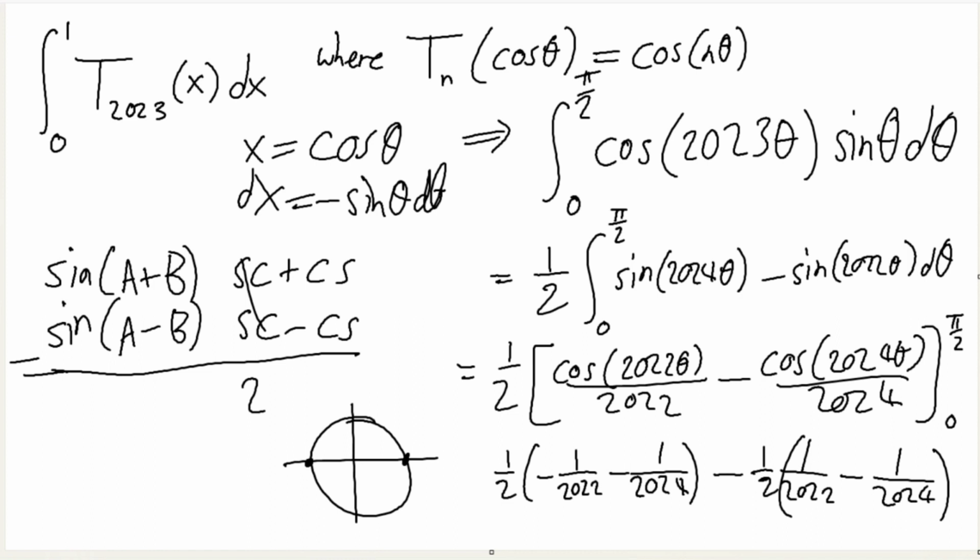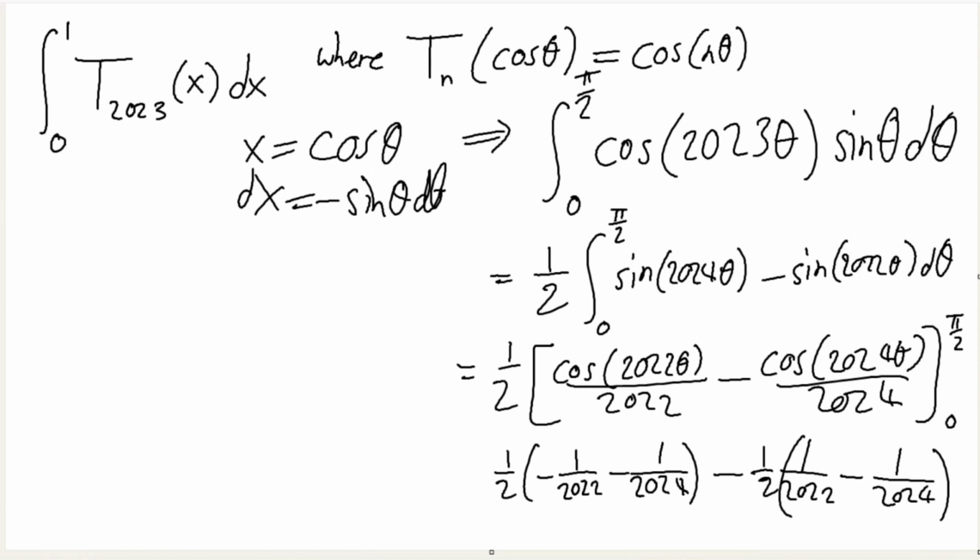Be very careful with how you handle your numbers. Okay. So now, this and this will cancel out because of this negative sign. So now we have -1 over 2022.